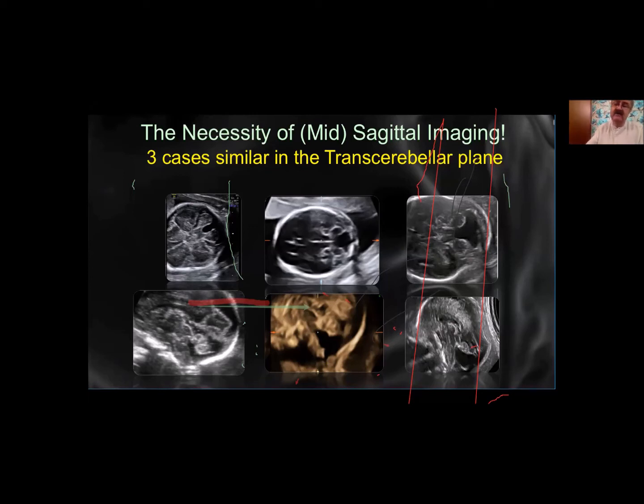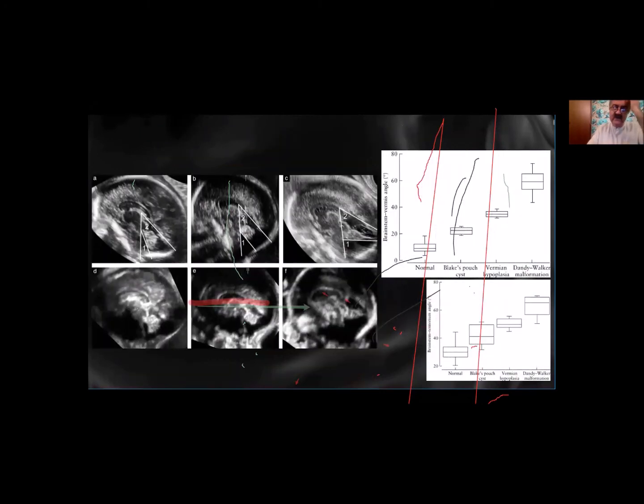But I will always combine it with a neurosonogram, with MRI when necessary, with genetic testing when necessary, and then give a full prognosis. Remember that your sonologist might actually measure angles and try and differentiate between these, and that's possible on the mid-sagittal scan. So if it's not clearly evident, then we use angles also to do this.